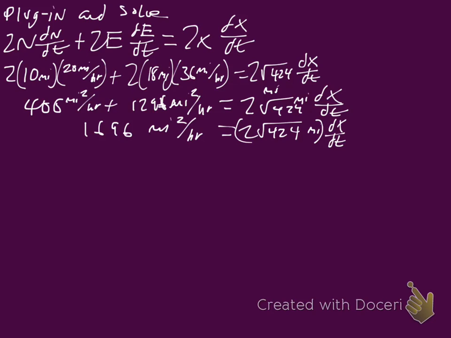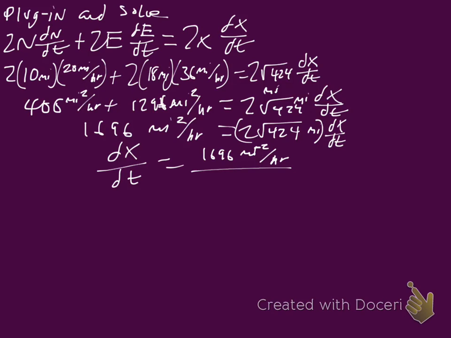Now you can just divide, right? Put this under the fraction bar. So dx/dt is equal to 1696 miles squared over hours, over 2 root 424 miles.